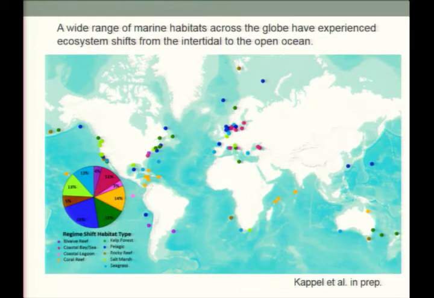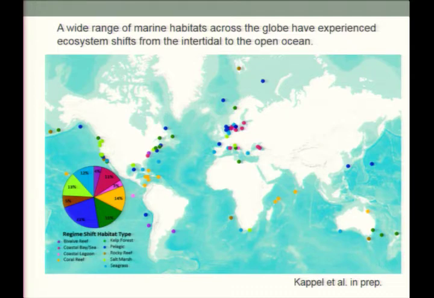As Phil Boyd pointed out earlier this morning, there are a large number of examples of regime shifts or tipping points in marine ecosystems. This map here shows approximately 100 examples of where tipping points have occurred across the globe.